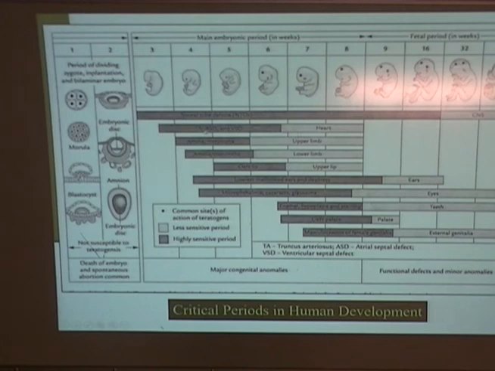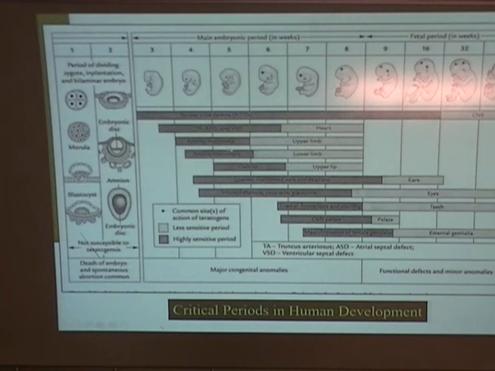So the darker shading on the bar shows the most vulnerable period for that organ or that tissue. And the paler area of the bar shows it's still vulnerable but less sensitive to a teratogen that might impact it, okay?